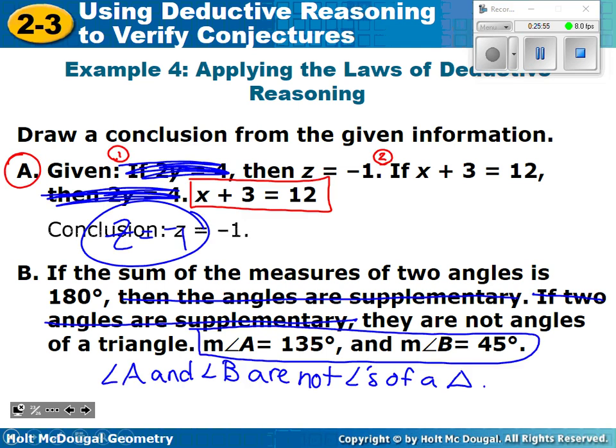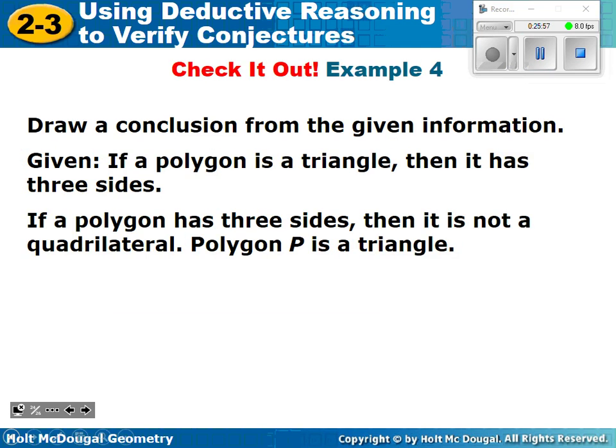Okay? Last one here. So again, they give you two if-then statements. If a polygon is a triangle, then it has three sides. If a polygon has three sides, then it is not a quadrilateral. What's the part they have in common? Three sides. So mark out your three sides parts, or mentally mark it out in your mind.